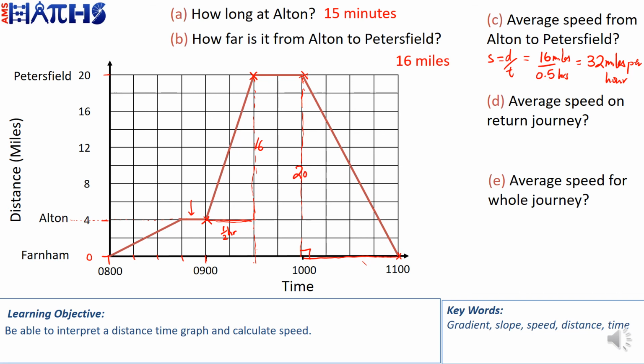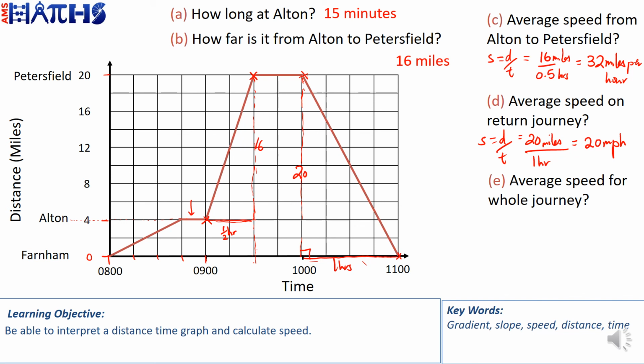And then the time it takes to do that return journey is 1 hour. So our speed, which is distance over time, would be 20 miles over 1 hour. 20 divided by 1 is 20, so we get 20 miles per hour.